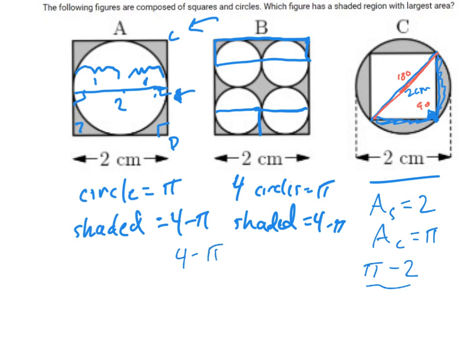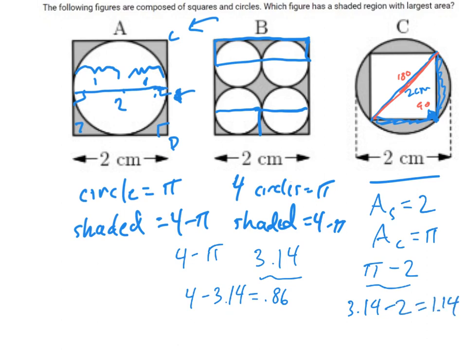But remember, pi roughly equals 3.14. So with a rough estimation, 4 minus 3.14 equals 0.86, and here 3.14 minus 2 equals 1.14. So we see that 1.14 is bigger, so C has the largest shaded region.